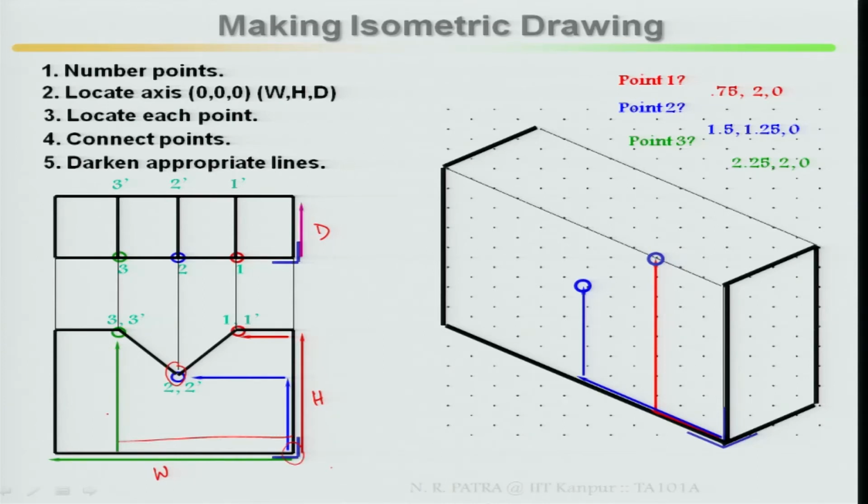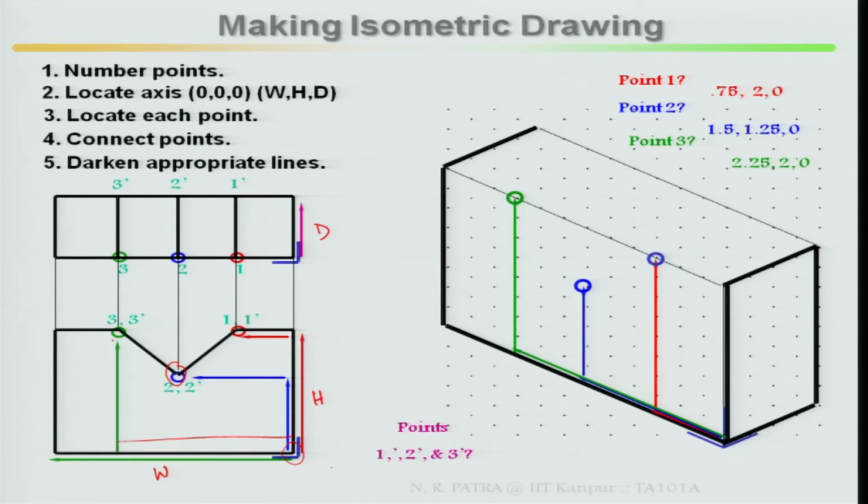And from here to here with respect to this, it is your 2.0. Mark this point 2.25 and 2.0. Finish your point number 3. So you locate 1, 2, then point 3. This is your point 3. So 1, 2, 3 have been located.